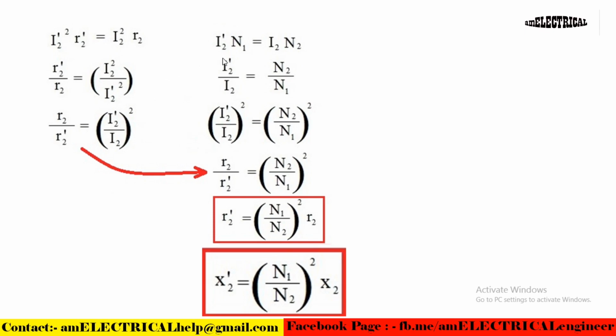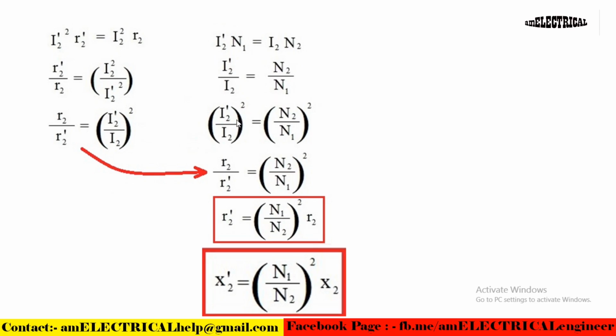Now again a new formula, which we have already discussed in previous videos, that is the MMF balance equation, ampere turn, ampere is current and turn is number of turns. So here the balance equation is I2 dash N1, because I2 dash is the secondary current referred to the primary side. So primary current I2 dash multiplied by N1, primary number of turns, will be equal to I2 N2. From here I2 dash divided by I2 will be equal to N2 divided by N1.